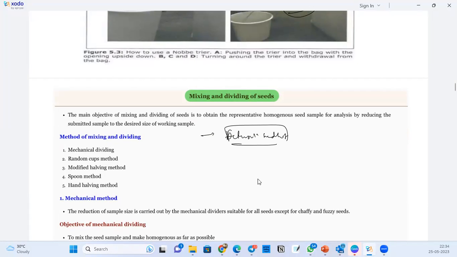It is not just one part of the total seed lot. This only occurs when we do thorough mixing and then divide it. So what are the methods of mixing and dividing? We can divide it mechanically, and we can also use the random cup method. We have the modified halving method, the spoon method and the halving method.